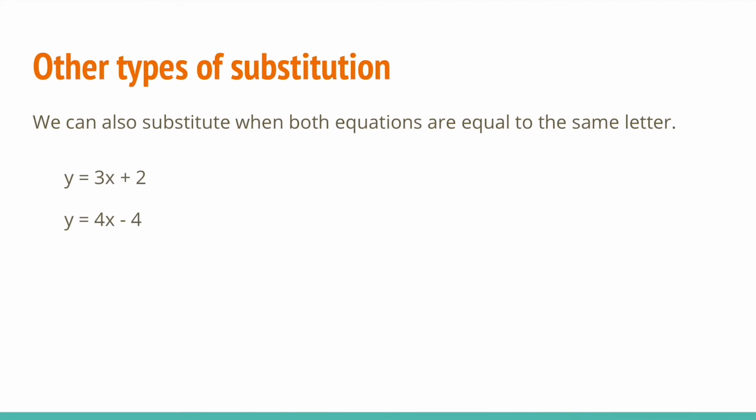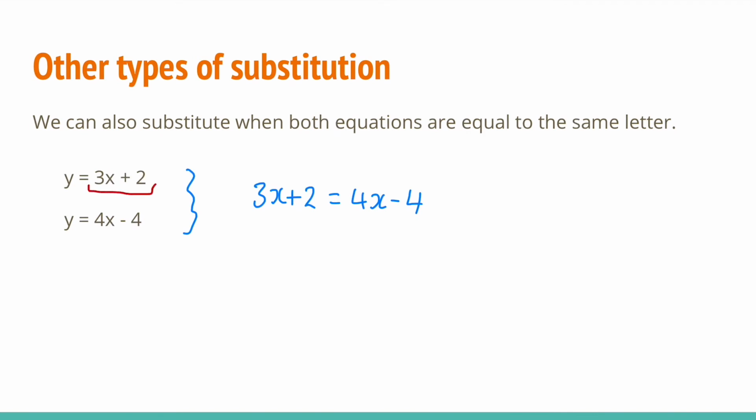Another type of substitution is if they're both arranged in that way, y equals 3x plus 2 and y equals 4x minus 4. In this instance, if they're both equal to y, then both of those things are equal to each other. So 3x plus 2 is equal to 4x minus 4.